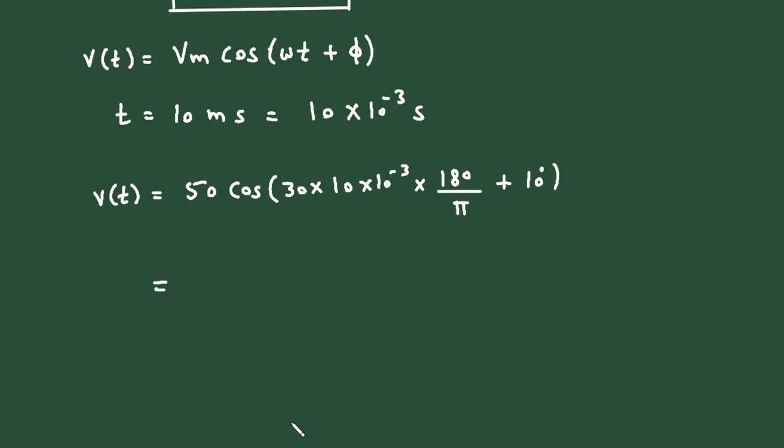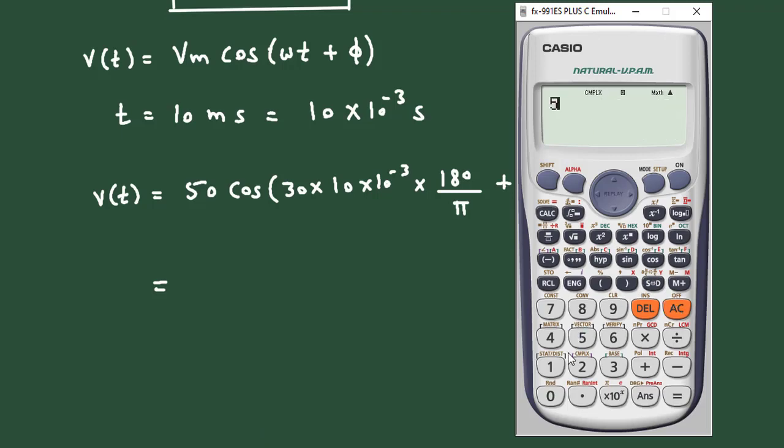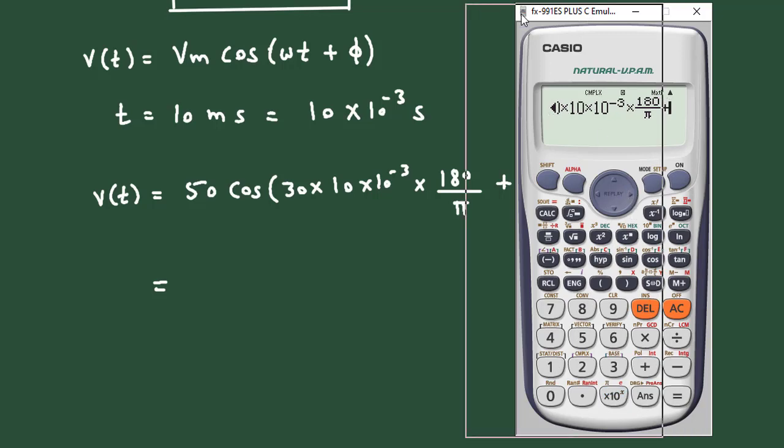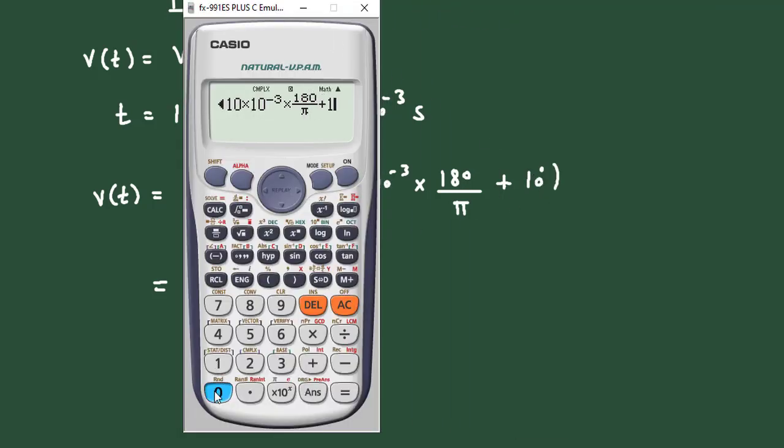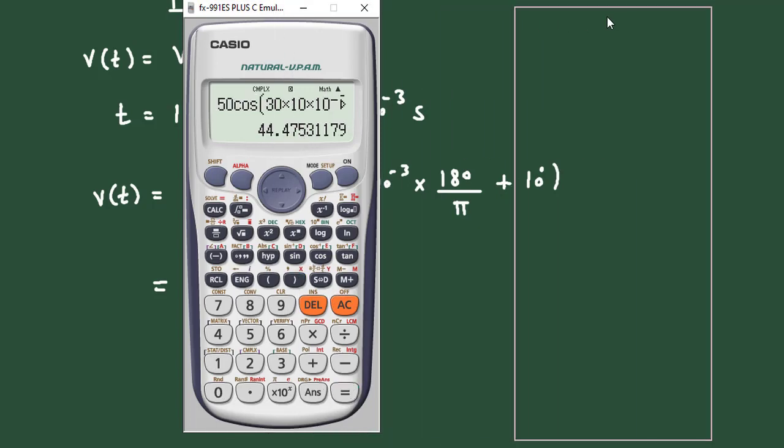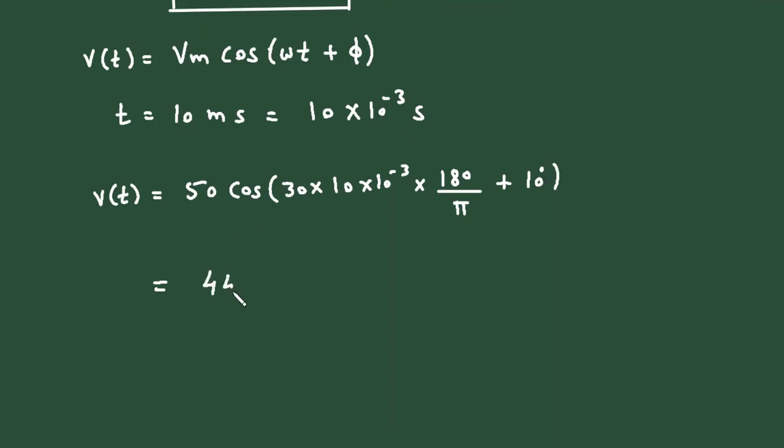So let's solve this in calculator directly. 50 cos 30 into 10 into 10 to the power minus 3 into 180 degree by pi, then plus 10. So it is 44.47, and since it is a voltage, its unit will be volts.